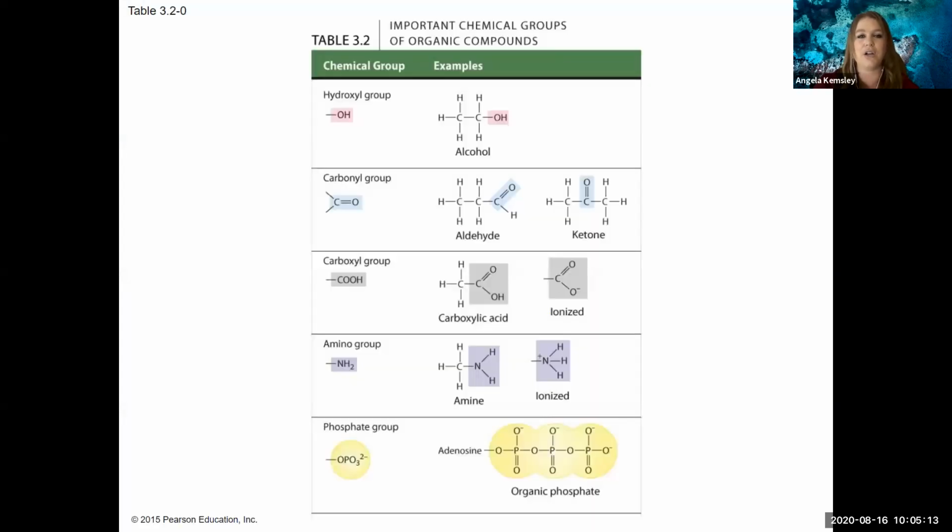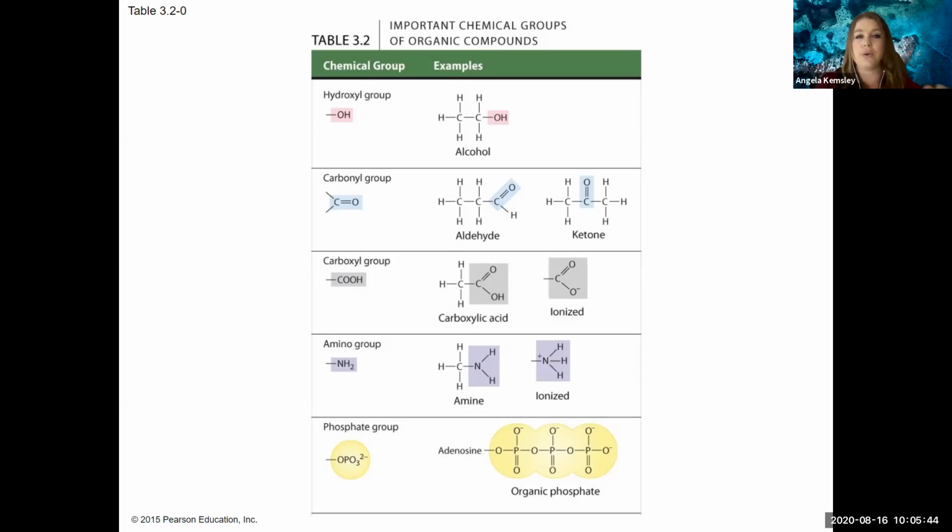Here are our functional groups. We have our hydroxyl group at the top, which is a carbon skeleton that is bonded to the functional group, the OH group. So OH single bonded to a carbon skeleton. That's our hydroxyl group. The carbonyl group is a carbon double bonded to an oxygen. Carboxyl group is COOH, so carbon, 2 oxygens, and a hydrogen bonded to the carbon skeleton.